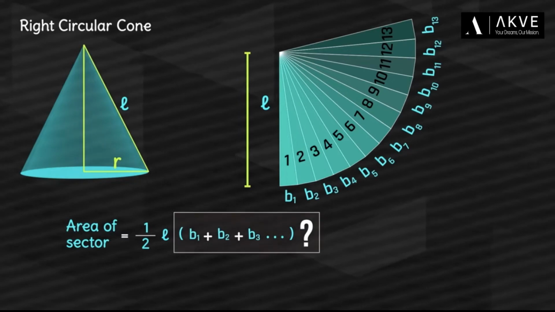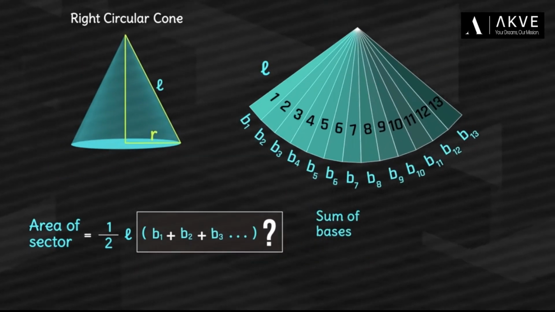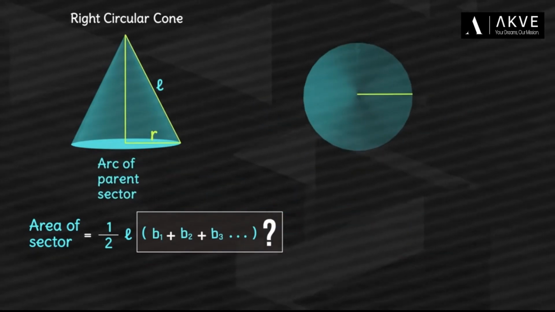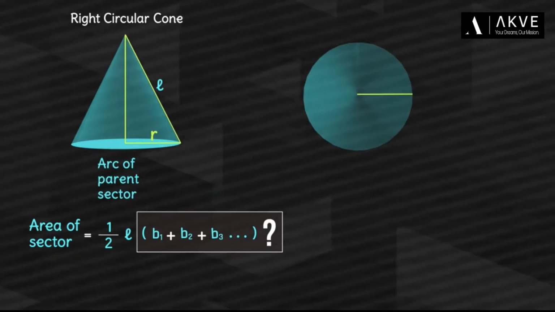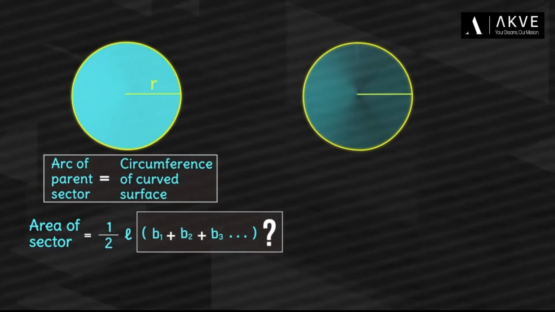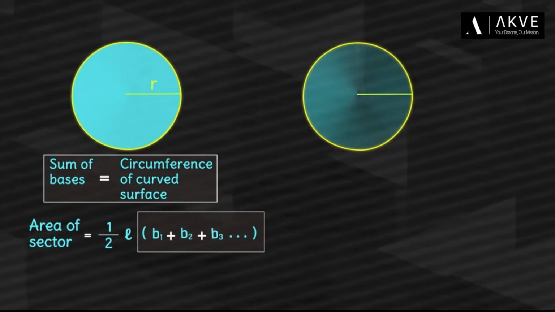Now the question is, what would the sum of the bases give us? Well, if you think about it, all these bases together form the arc of the parent sector, and the length of the arc of the parent sector, as you can see, is nothing but the circumference of this circle. So basically, the sum of all the bases would be the same as the circumference of this circle.